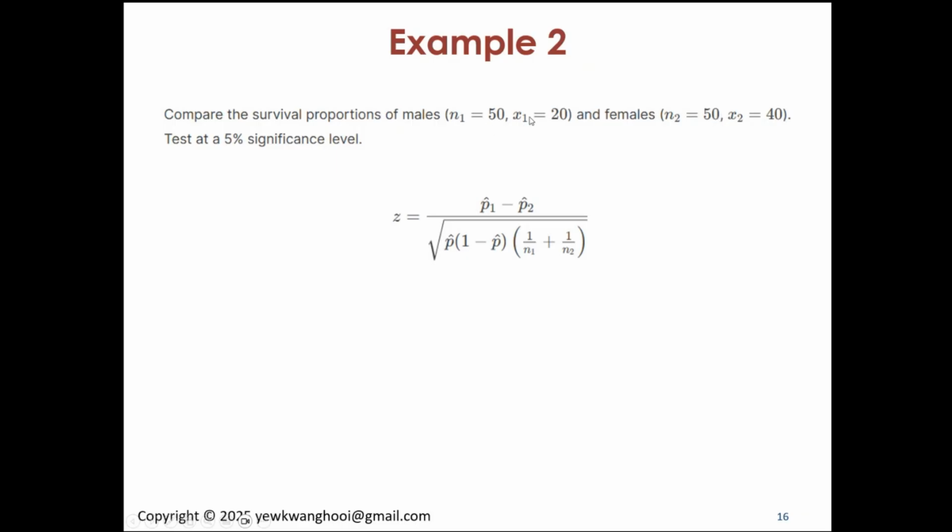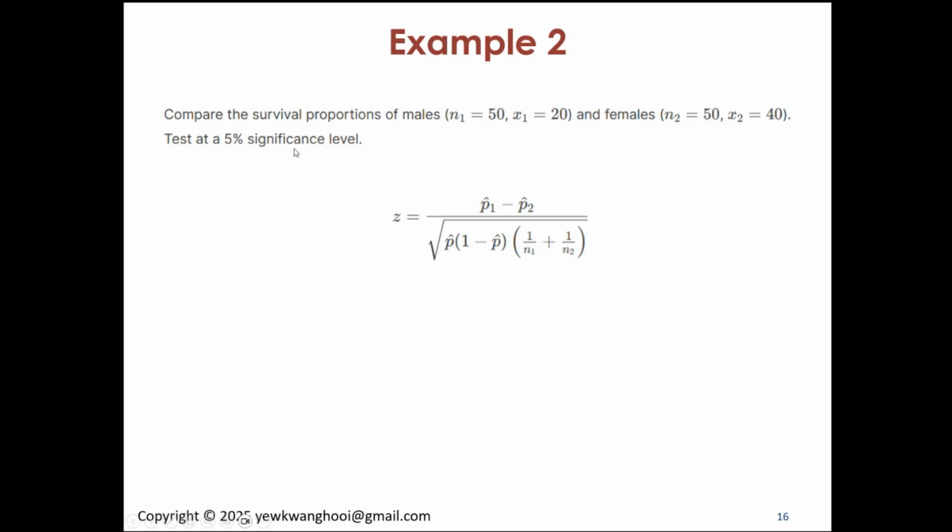But wait, this is just proportion for the sample, not the proportion for the population. We want to test whether it is true or not at the population level. The male-female proportion is similar with confidence 95%. Yeah, 5% significant level means confidence 95%.